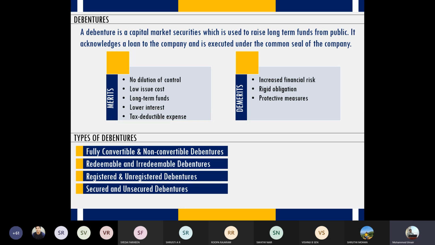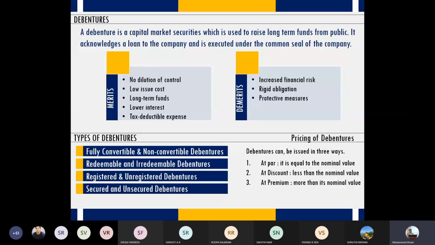But in case the demand is poor, then I have to give you a discount. But you will be given the full amount. That means if the face value of the debenture is 100, and I am giving you 20 rupees discount, you will be able to subscribe to the debenture only for 80 rupees. But at the time of repayment, you will get back your entire 100 rupees, right? So a debenture can either be issued at par value, at a discount, or at a premium, right?